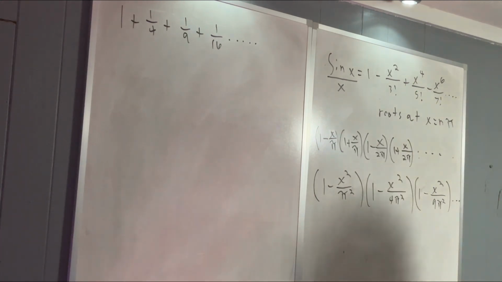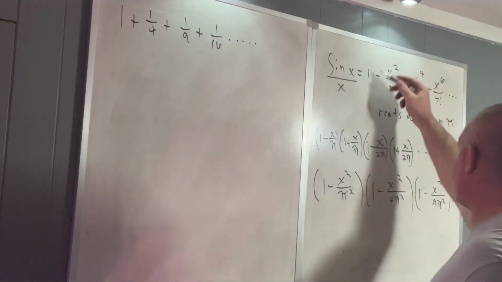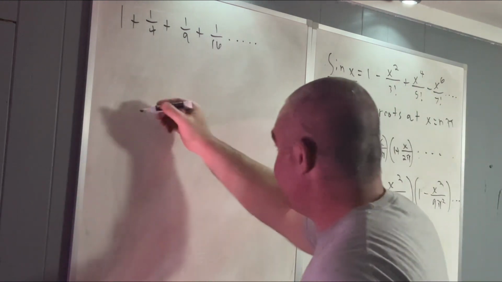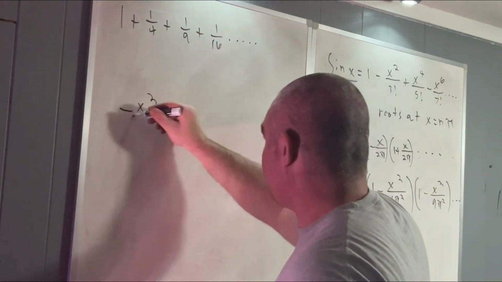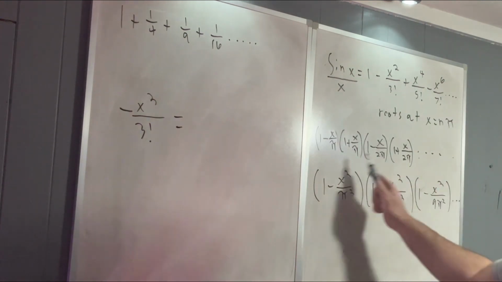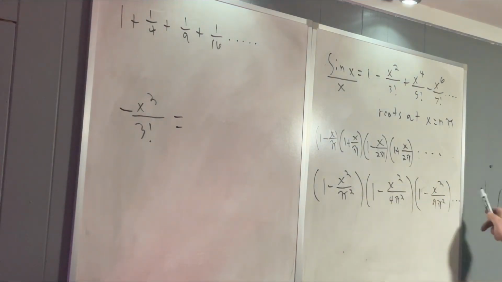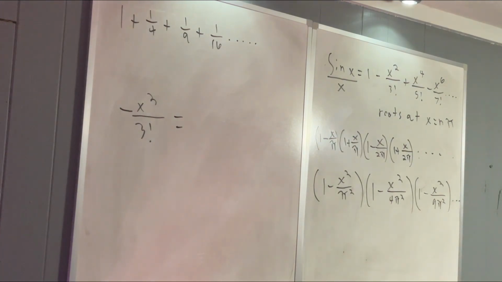Basically, we're saying that, let's see, what are the x squared terms in this? We're saying that negative x squared over 3 factorial is going to be equal to the coefficient on the x squared terms when you multiply this entire thing out. What's that going to look like?